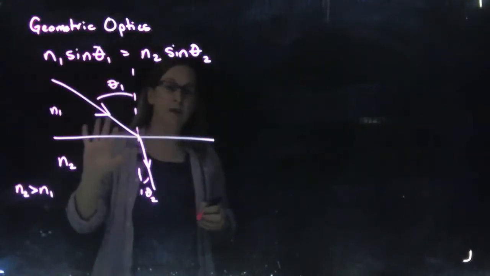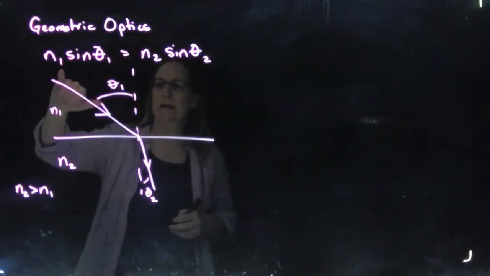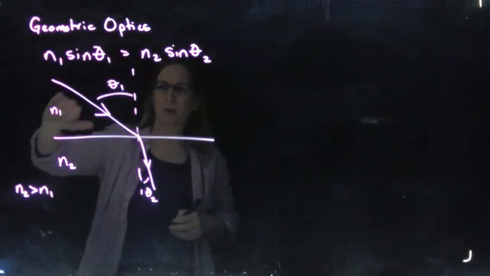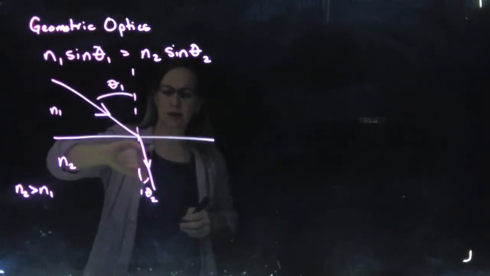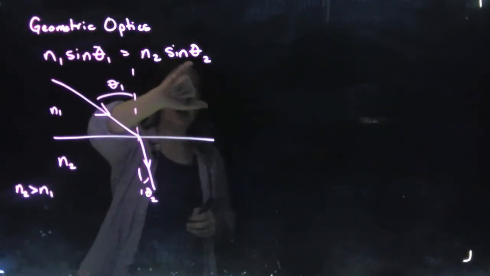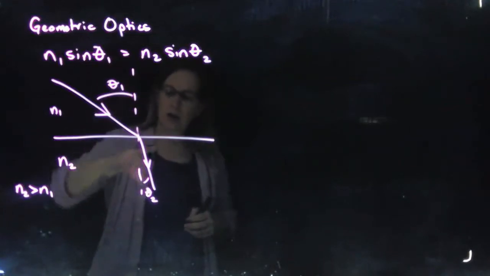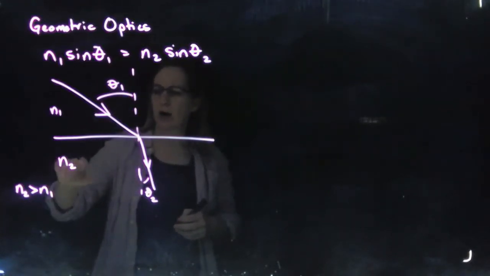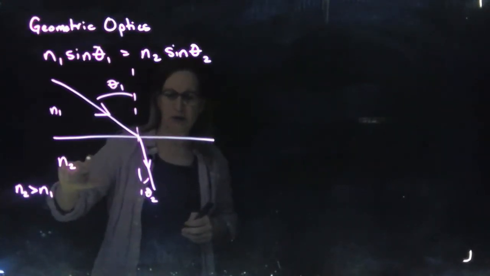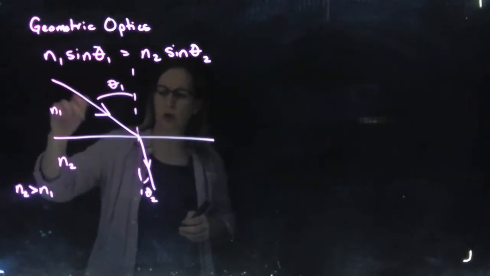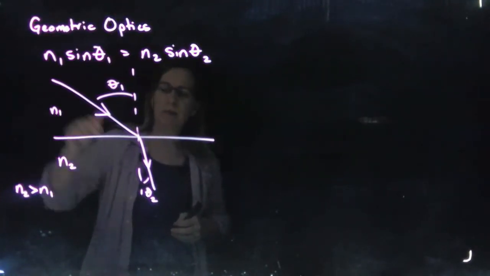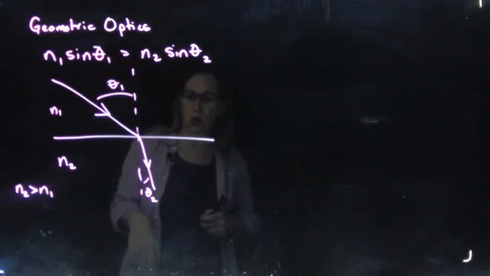But from our eyes' point of view, we think it came from this straight line. Okay, so this is sort of a summary of Snell's law that says the index of refraction in one material times the sine of the angle is equal to the index of refraction times sine of the angle in the other material. And this is a drawing where the index of refraction of the second material, n2, is bigger than the index of refraction of material 1.